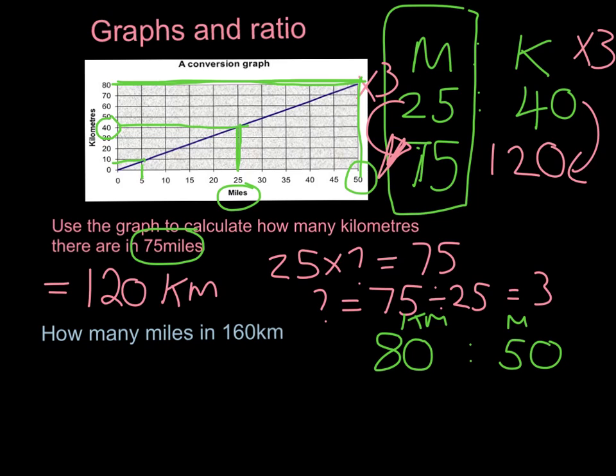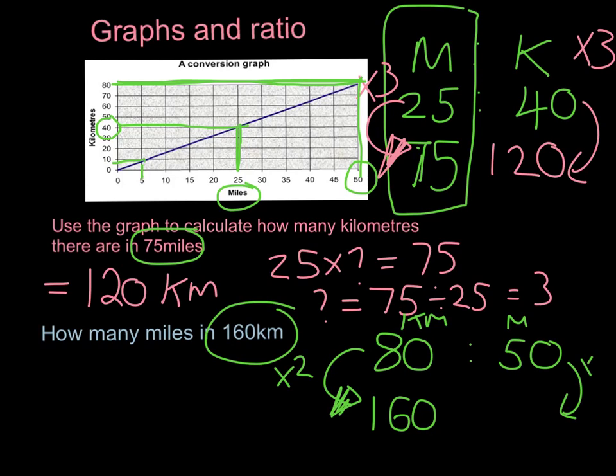So using that ratio, we want to do 160, which is nice and easy because 2 lots of 80 is 160. So times that by 2, and 50 times 2 is 100. That would be your answer to that question, 100 miles.